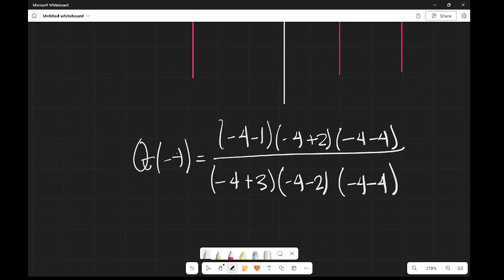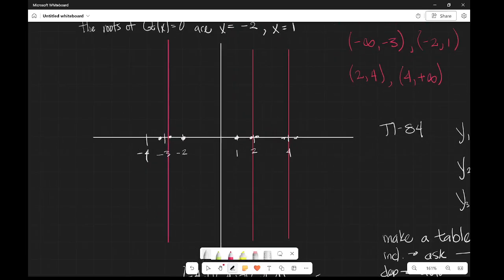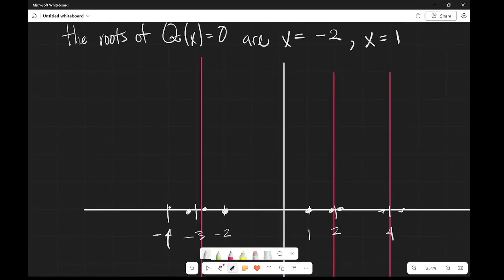Highly tedious, but it is worth it. We end up getting 5/3, which, okay, what does that tell me? This is like 1.667, and it's greater than 0, so it's positive, right? So it tells me we're somewhere over 1.667 is about right there.